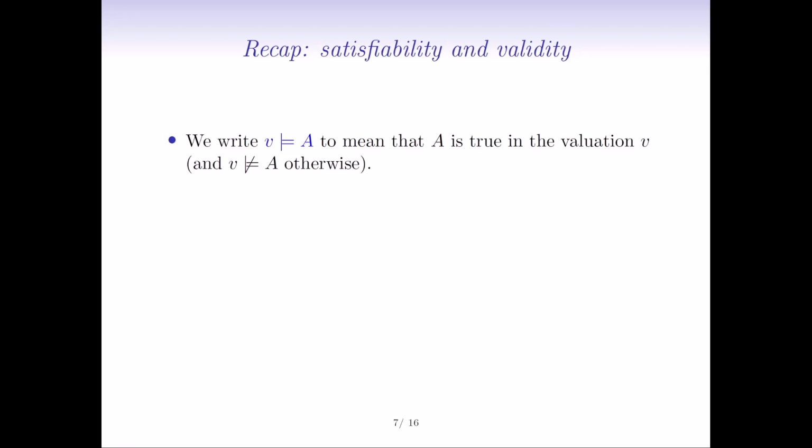In other words, it has truth value 1. If A has truth value 0 in the valuation V, then we write instead V not satisfies A. In other words, this double turnstile with the line through it.